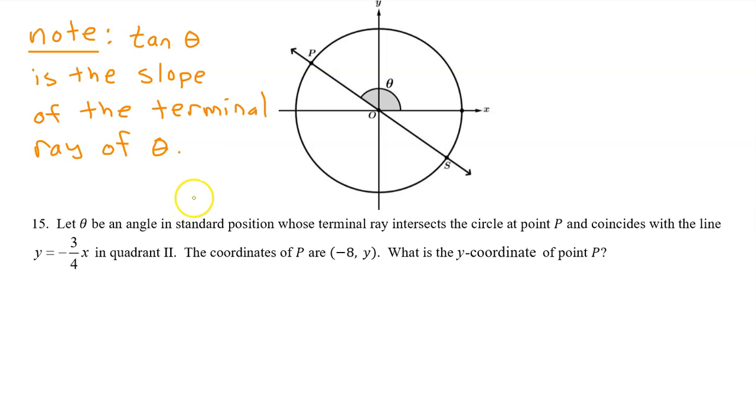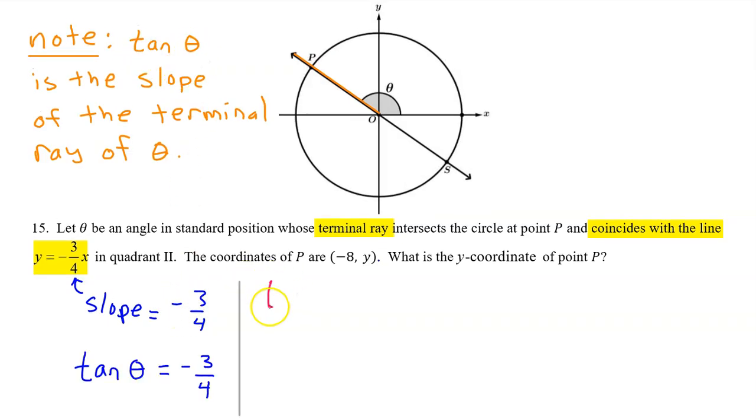In a previous video, we learned that tangent theta is the slope of the terminal ray of theta. In this case, the terminal ray coincides with the line y equals negative 3/4 x. At a glance, we can tell that this line has a slope of negative 3/4. So this slope is the tangent of theta.